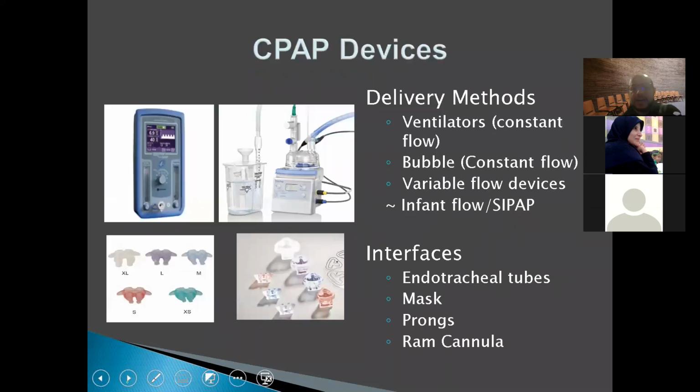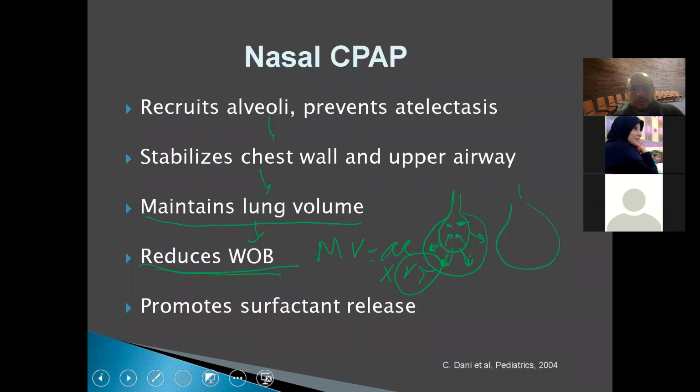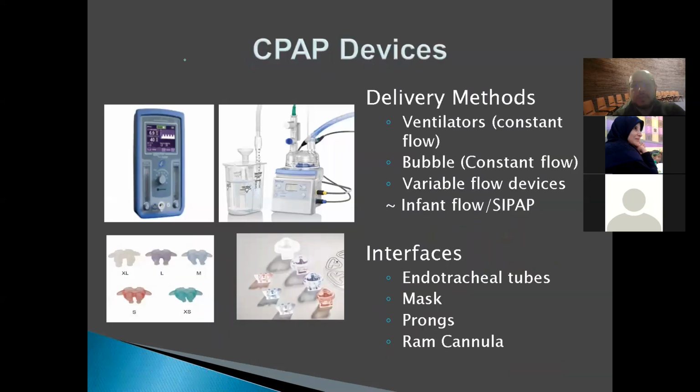Okay, CPAP, let's go back and explain this one. We have two types of CPAP. We have constant flow CPAP and variable flow.